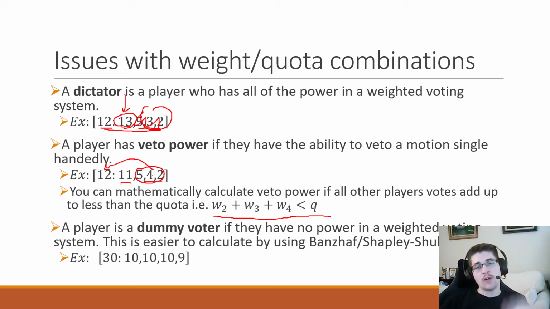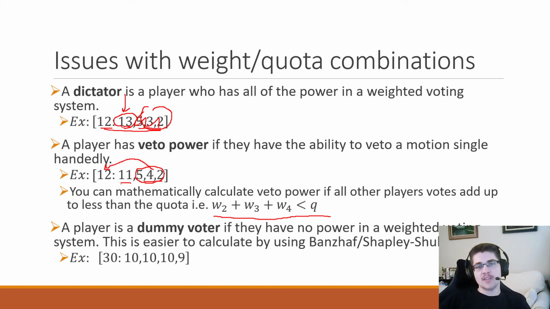When you calculate the Banzhaf power distribution, which we're going to do next, you can tell someone's a dummy because they'll have 0% power, and you can tell someone's a dictator because they'll have 100% power. So these terms are very easy once we've determined this quantitatively. Veto power is a little more difficult, but you can follow this guideline to do that.